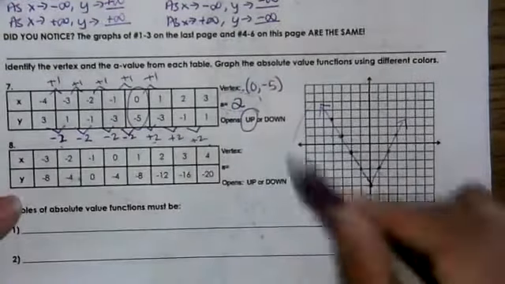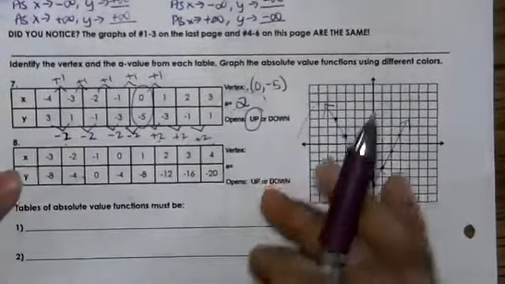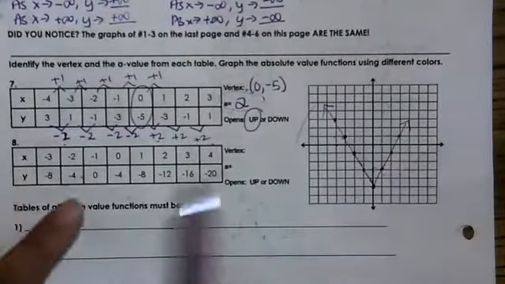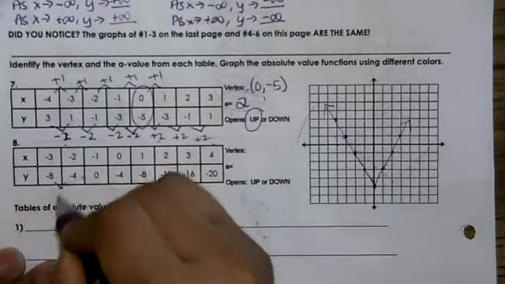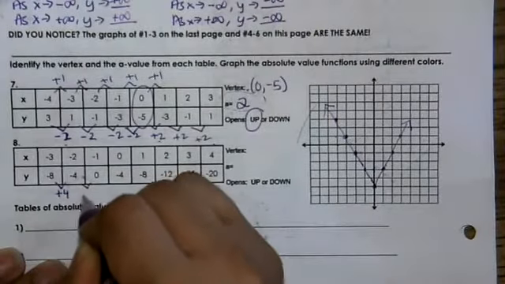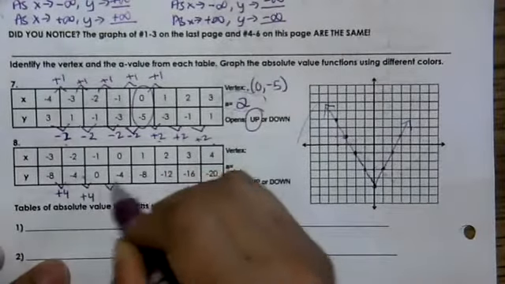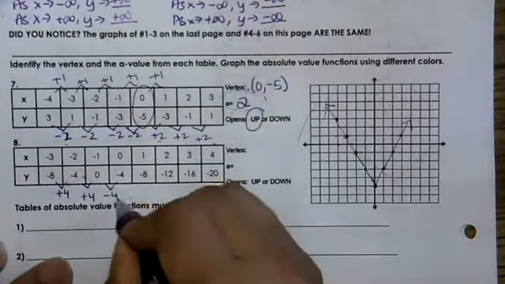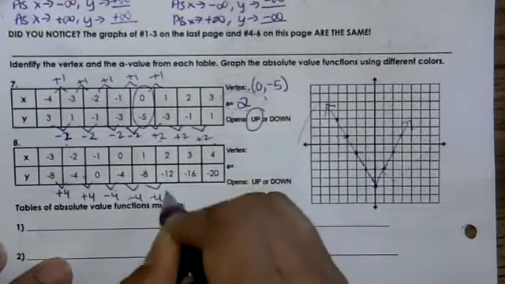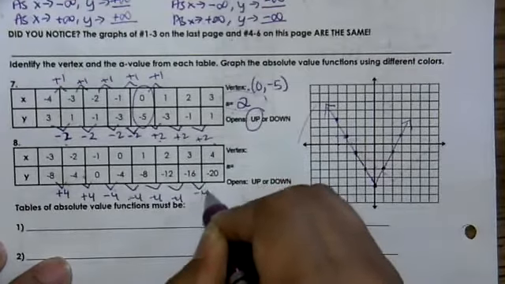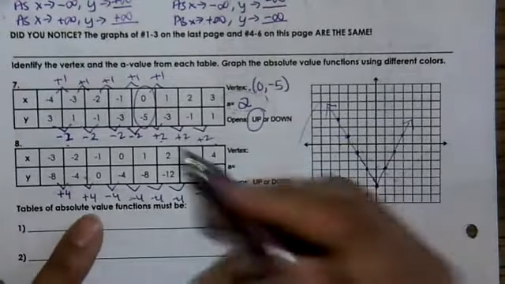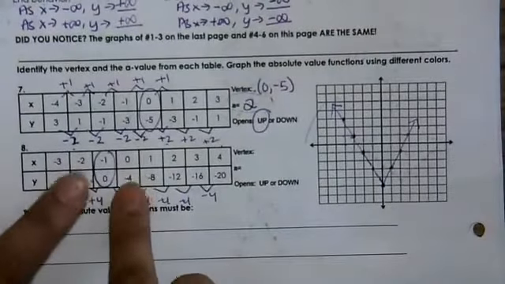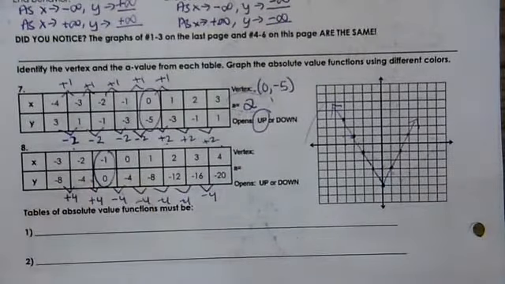Okay, and then we would do the same thing for number 8. I'm not going to graph this one out. Let's just use the table and see if we can come up with the answers here. Looking at the pattern, we are adding 4 every single time so far until we get to 0, and then we start subtracting 4 till the very end. When I find that vertex, it's where it switches, where it surrounds itself with the -4s here, because that's what's the same on both sides.